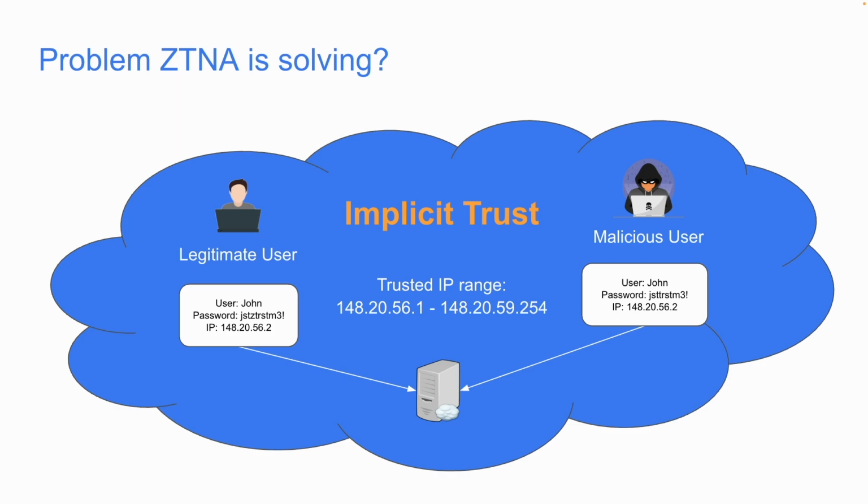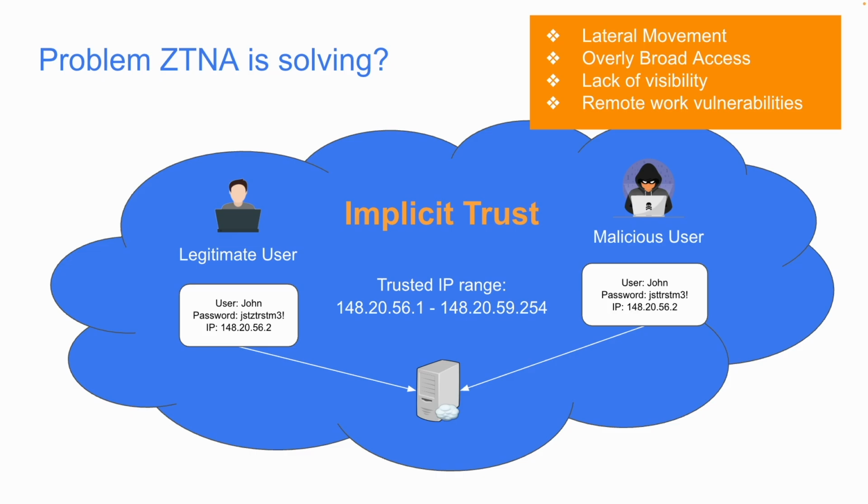Let's discuss problems with implicit trust. The first is lateral movement, in which if an attacker compromises one device or user account, they can navigate through the network without being detected. Second is overly broad access. In this, users may have access to resources they don't need, increasing the attack surface.